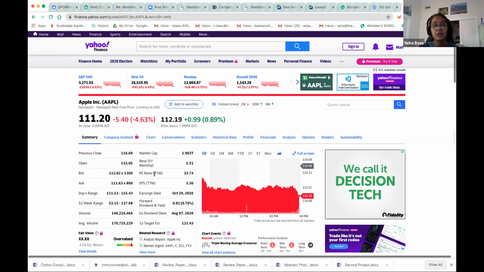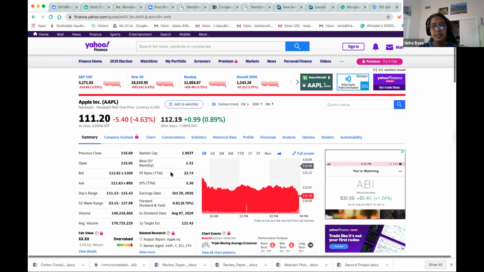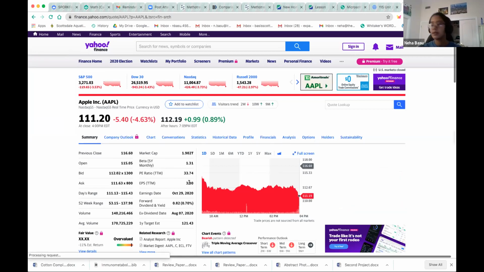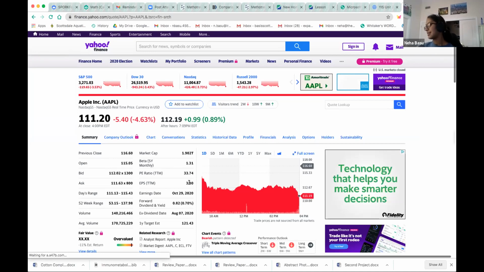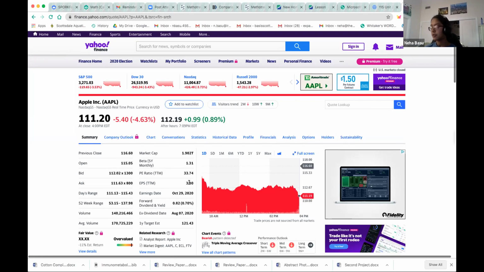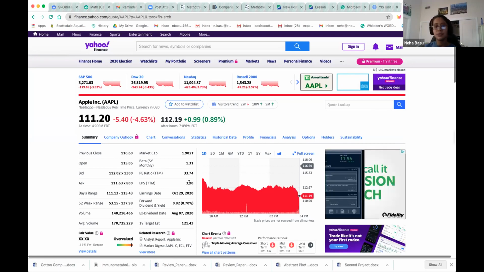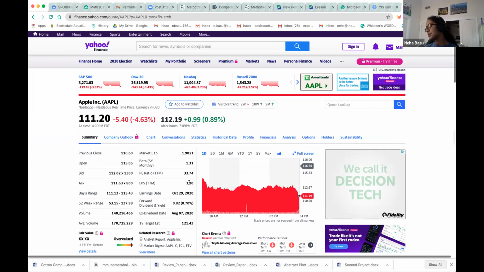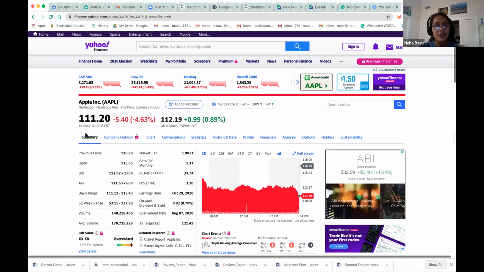So you're pretty close. You take the price and you actually divide by the earnings per share. So you would take 111.2 and divide by 3.3. Let me see what that comes out to on the calculator. So if you take 111.2 divided by 3.3, that comes out to 33.69, which is pretty close to 33.74, but you get the general idea.